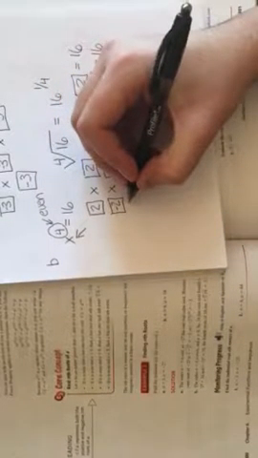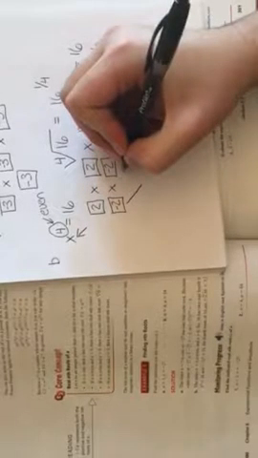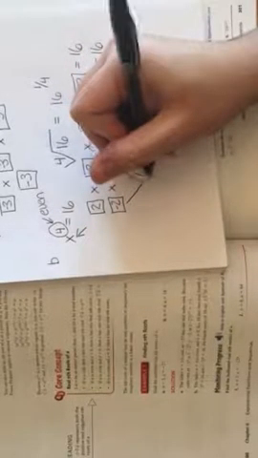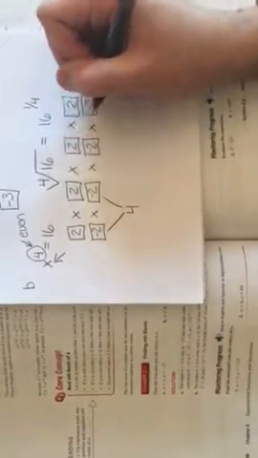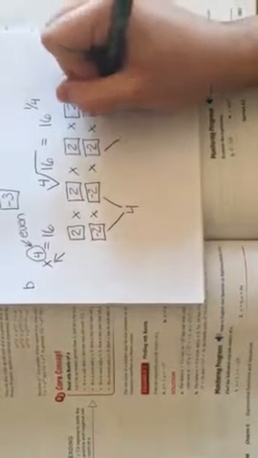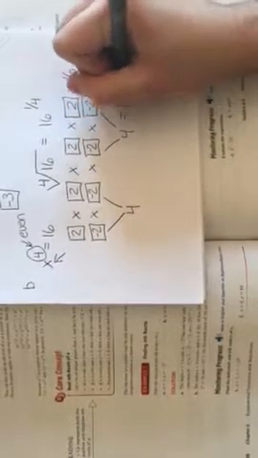And that will also give us 16. Remember, this negative will cancel out this negative and give us 4. This negative will cancel out this negative and also give us 4. 4 times 4 equals 16.